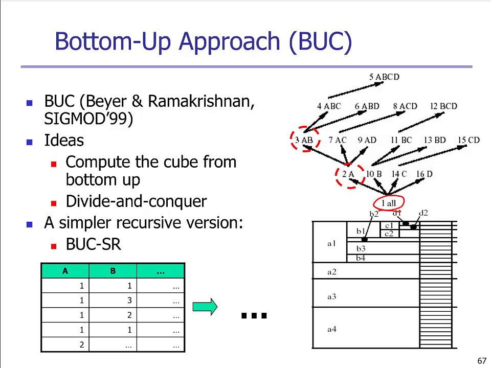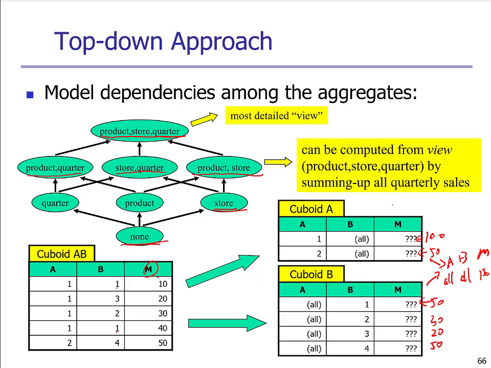When we introduce the idea and the procedure of this BUC during this class, you probably cannot feel why it is bottom up, because when we do the explanation, it seems that we do it in a top down way.